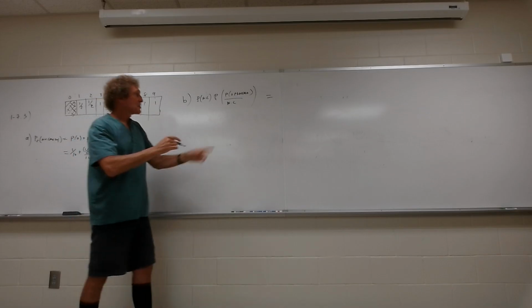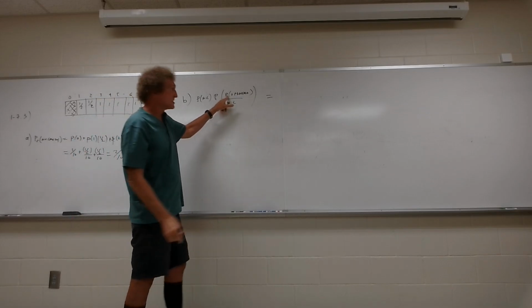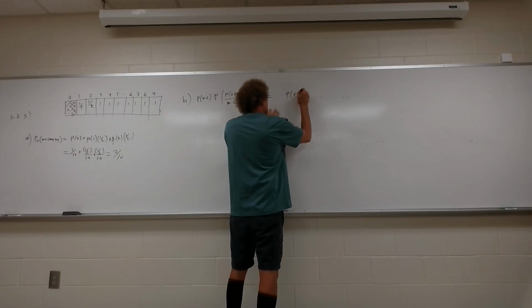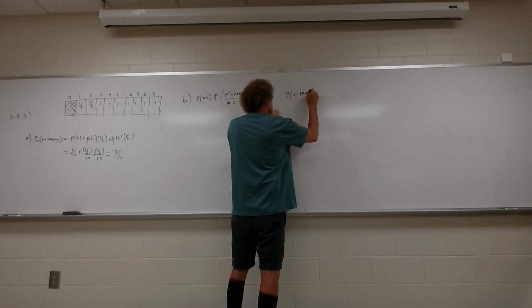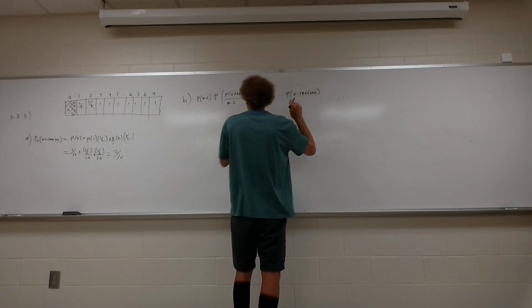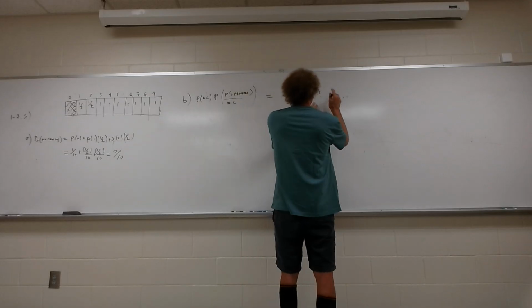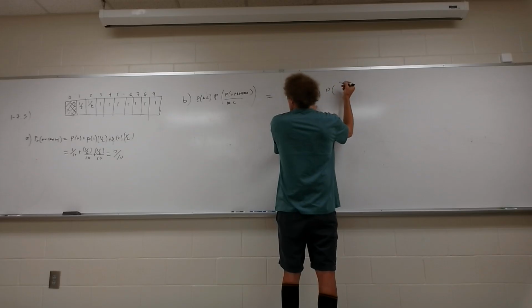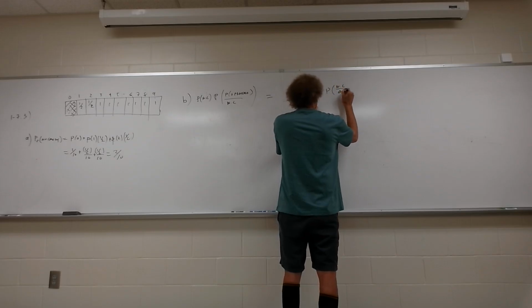Do y'all follow me? So on top, it's the probability of a 0 pressed. That's akin to that times the probability of no candy given a 0 is pressed.